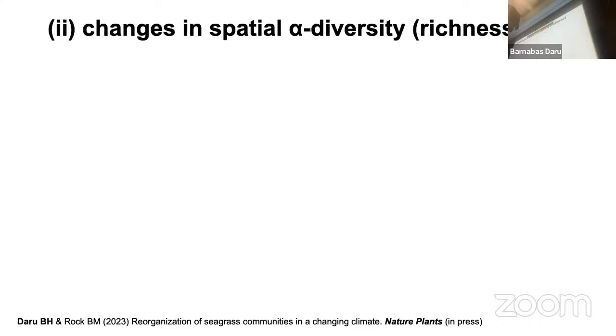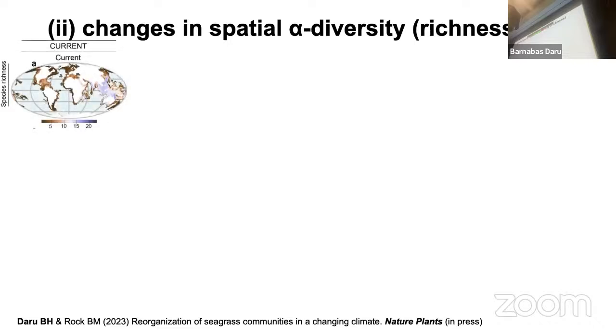So we wanted to then understand the distributions of these changes in geographic space. And so we first mapped changes in alpha diversity as measured by species richness and phylogenetic diversity. What this means is that we first map species richness in the current time. So here, cooler colors correspond to areas of predicted high richness and warmer colors, lower richness in the current time.